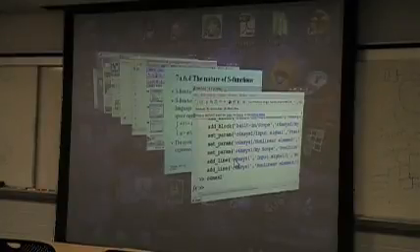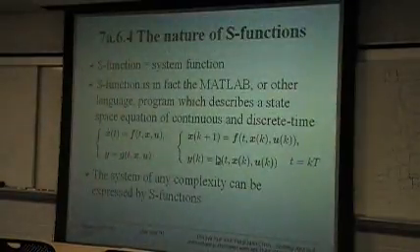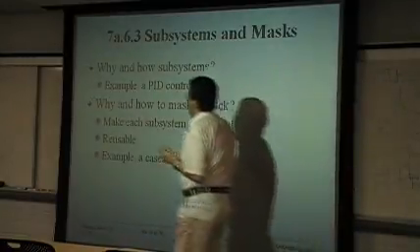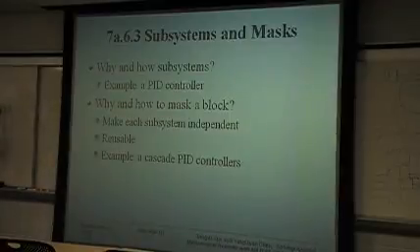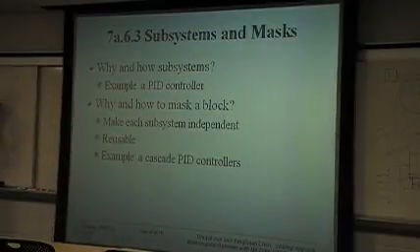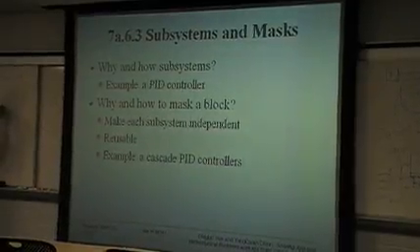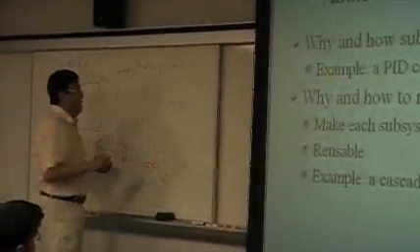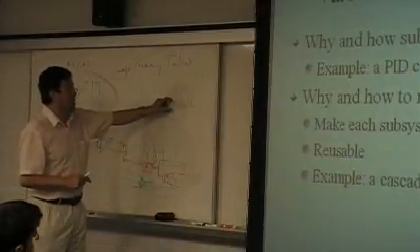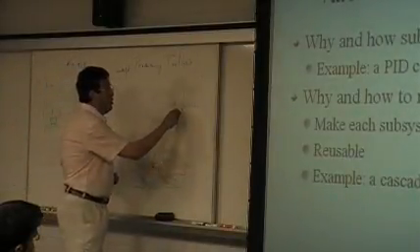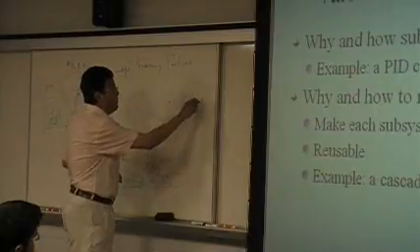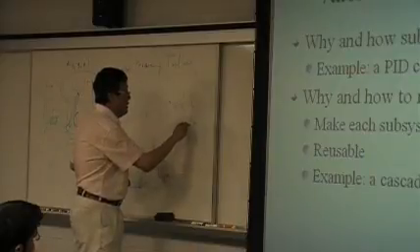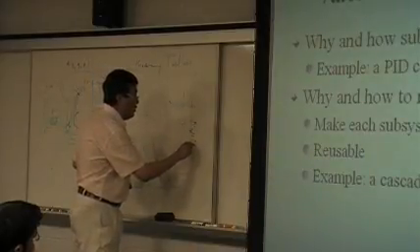I do not have example code here. You can mask a subsystem. If you have a subsystem, you right-click the mouse button and you get a menu, and here there's one called Mask Subsystem. If you start masking the subsystem, it allows you to specify the parameters in the block, for instance the KP, KI, and KD parameters.